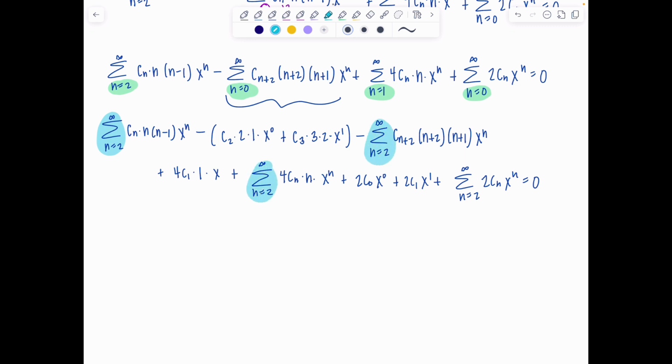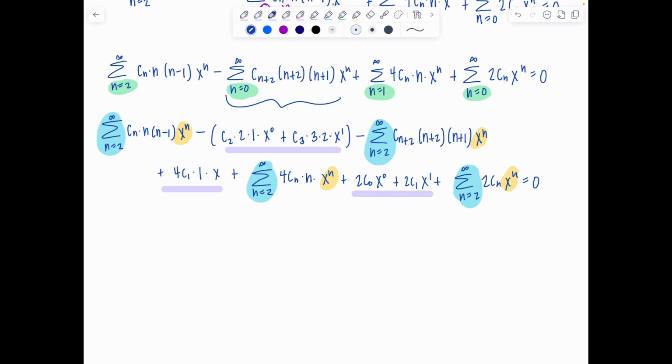So basically you're going to factor that out, and then you're also going to factor out the x to the n, and just write everything as one big sum. And then you're going to have the little random terms doing their own thing. 1, 2, 3, 4, 5 of them. Look at that.